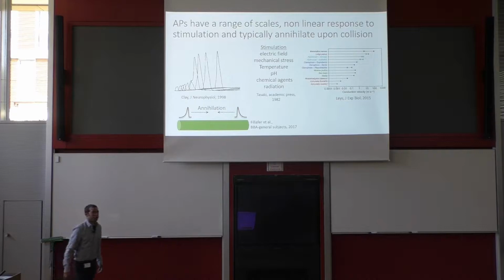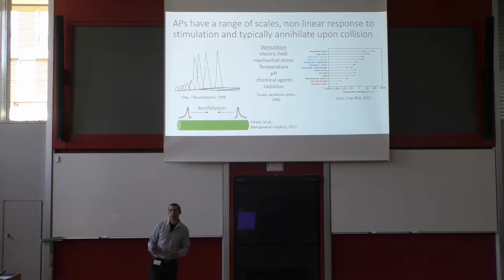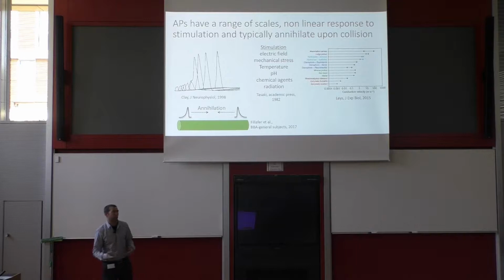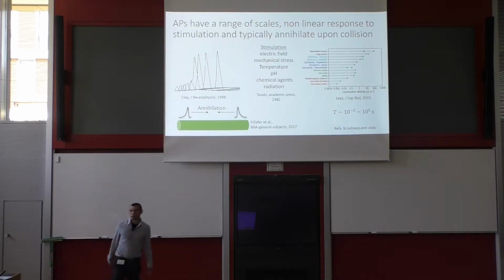Here's a graph which shows the propagation velocity of action potentials in different types of cells. As Matthias mentioned, they vary significantly between cells, by 6 orders of magnitude. The slowest action potentials propagate at a velocity of 1 millimeter per second, and the most rapid propagate at a velocity of 100 meters per second. The time duration of a pulse also varies by 5 orders of magnitude.